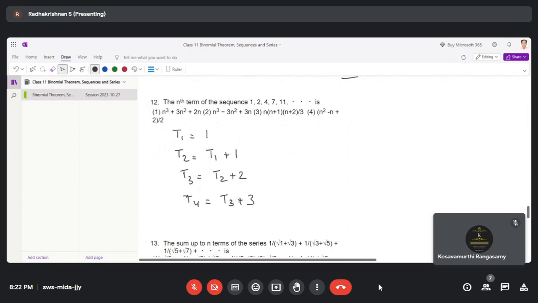So this is how it goes. T4 is T3 plus 3 and so on. Now you try to get everything in terms of T1. You will see T1 plus 1 plus 2. Because T2 is T1 plus 1 only, so we can substitute. So it becomes T1 plus 3.